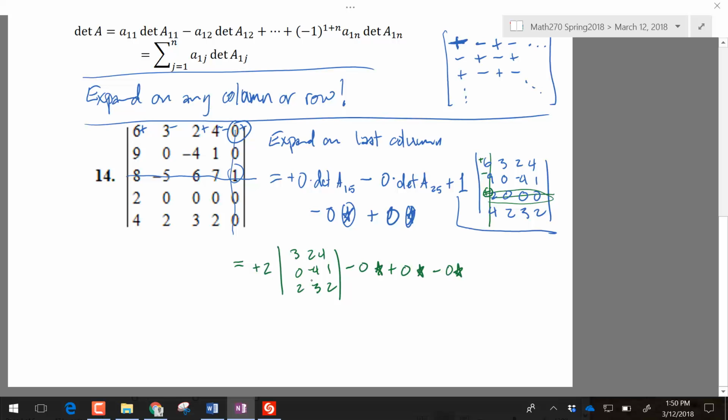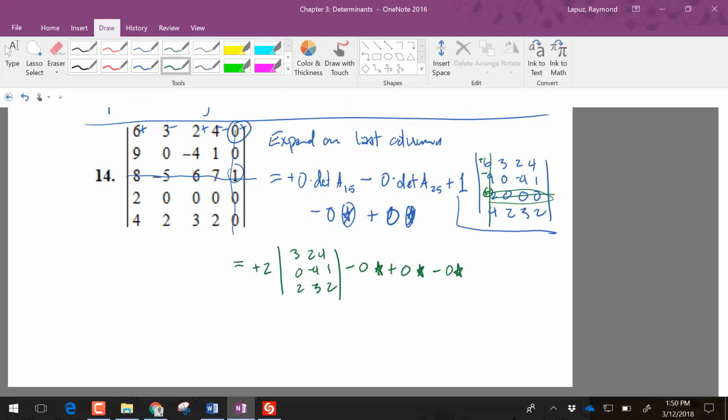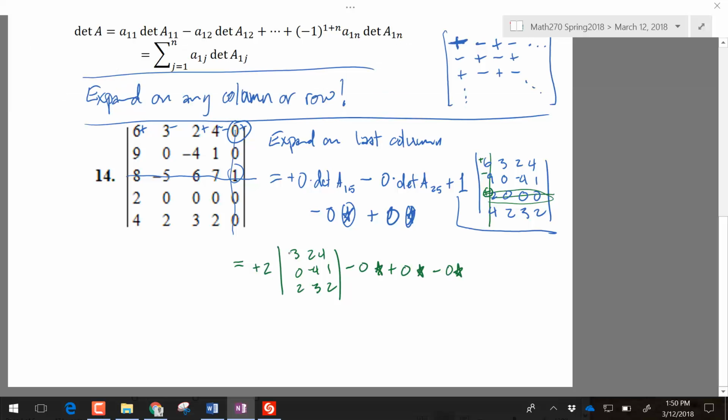So now you can expand on the second row or the first column. I think either way, I have 1, 0 left here, so that doesn't matter at this point. So I'll expand on the first column. I have a 2, remember, that's still sitting there. And then I'll expand on the first row or first column, which has a minus 4, 1.